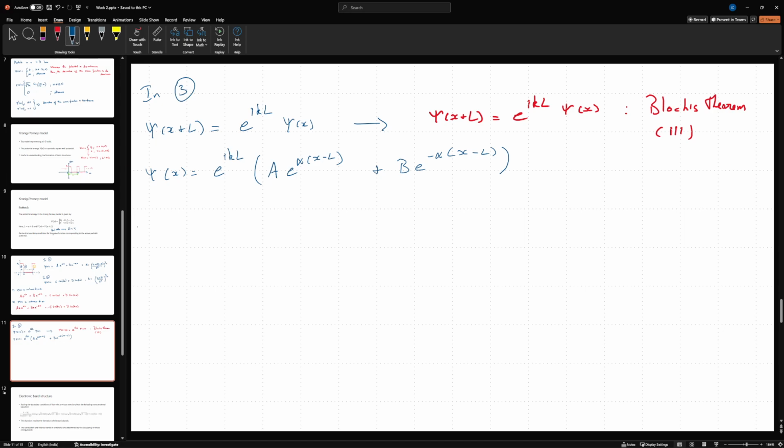So now coming to 4, I will need continuity of psi at x equal to L. This is the right hand side, so I will start with the left hand side, which is C cos KL plus D sin KL, is equal to e to the power i k L times, I need to substitute L in all of these.